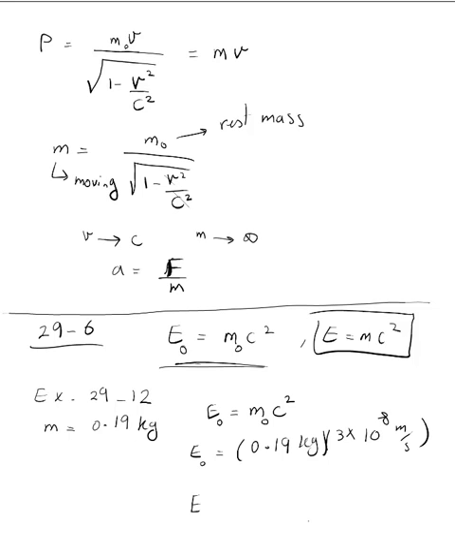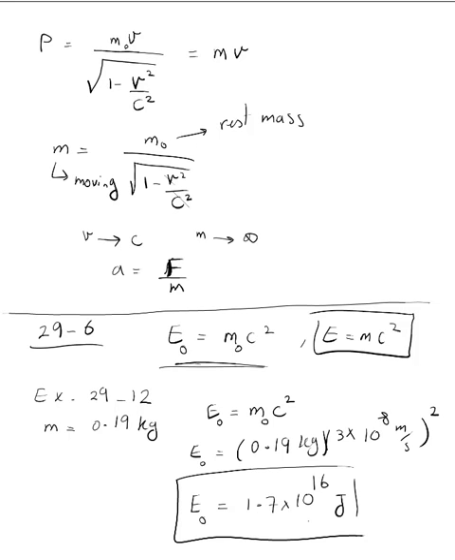I said squared and then I just wrote it on top of the s. So here the rest energy will be 1.7 times 10 to the power of 16 joules. And still the unit is joules. The units do not change.